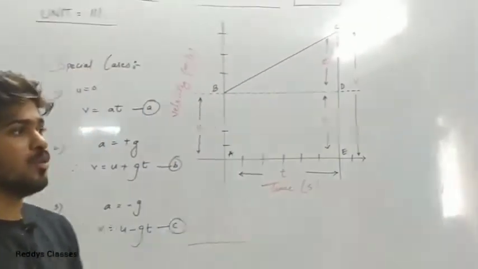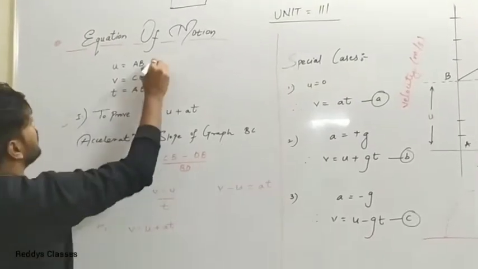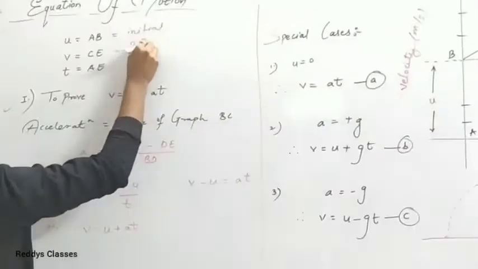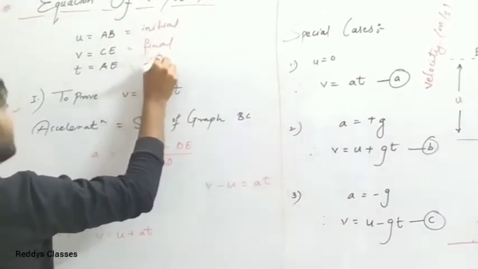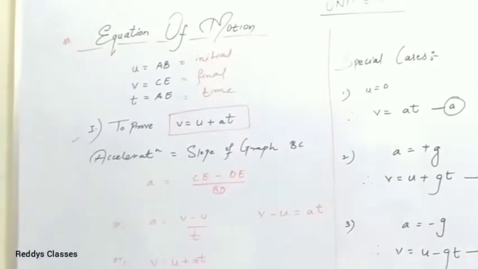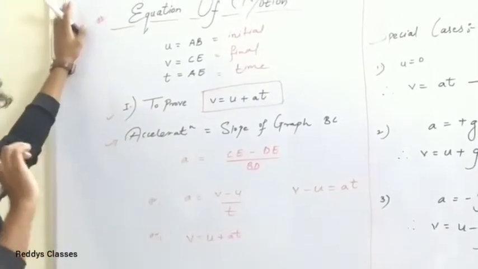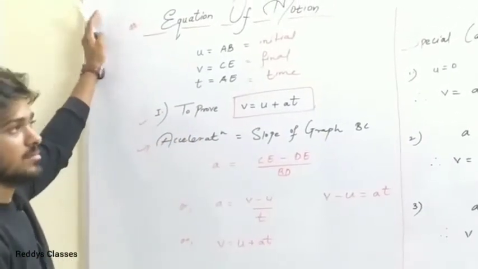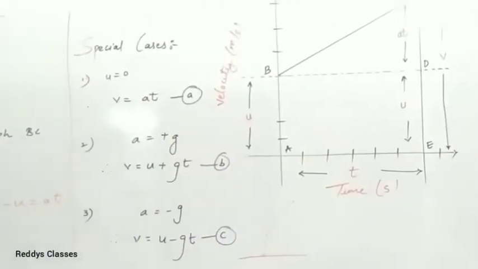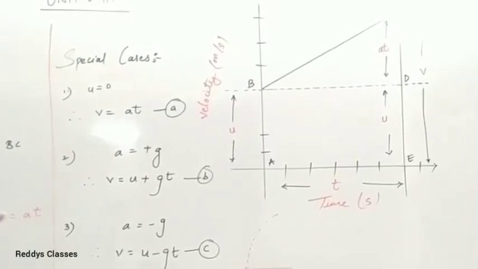So here we have to prove v is equal to u plus at, where u is the initial velocity, v is the final velocity, and t is the time taken. We have to solve this equation of motion. As we know, acceleration can be found by using the slope of the graph. So we have the graph BC. The slope is CE upon the time axis, that is BD.